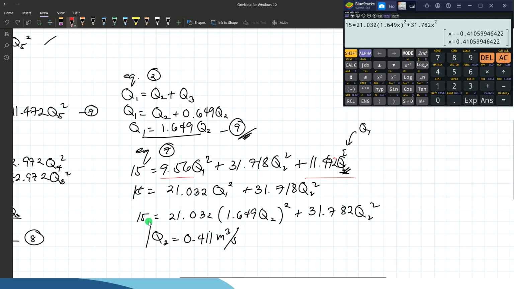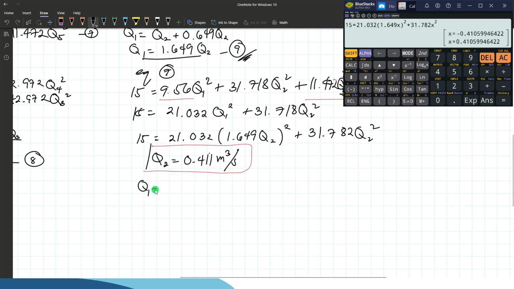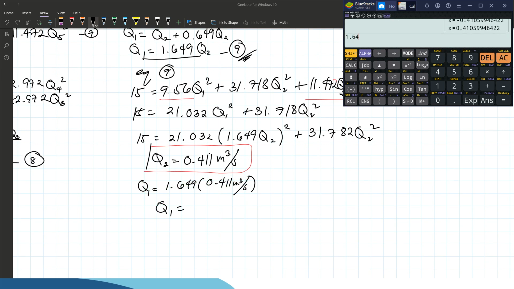So from that we can now solve the other discharges in the pipes. So for Q1, that's 1.649 times 0.411. So Q1 is 0.678 cubic meters per second.